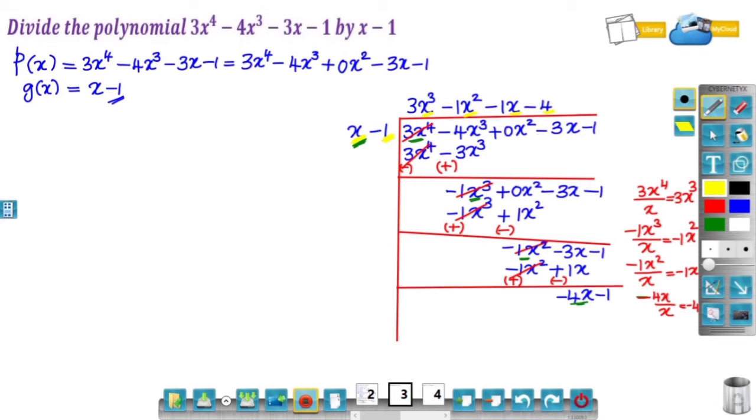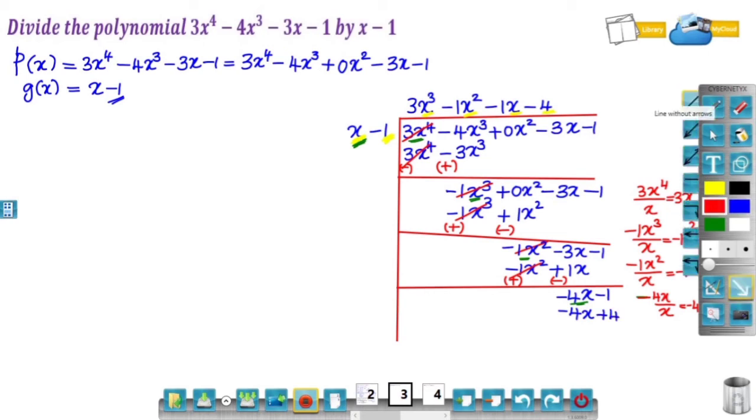Minus 4 into x and minus 4 into minus 1. Minus 4 into x is minus 4x. Minus 4 into minus 1 is minus into minus plus, 4 into 1 is 4.